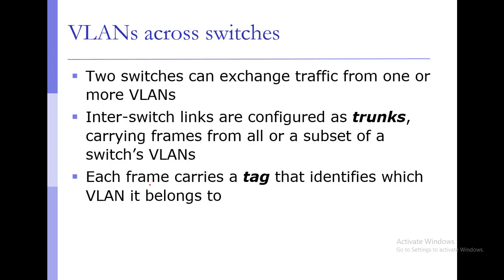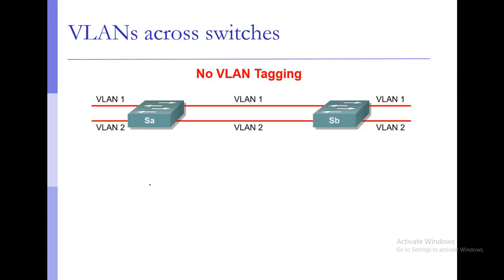Each frame carries a tag, which is an identifier that identifies which VLAN this frame belongs to. So each frame has a tag, and that tag shows the identity of the VLAN.